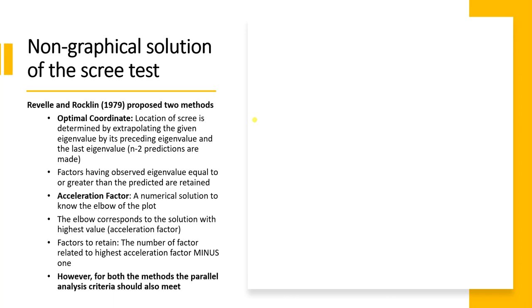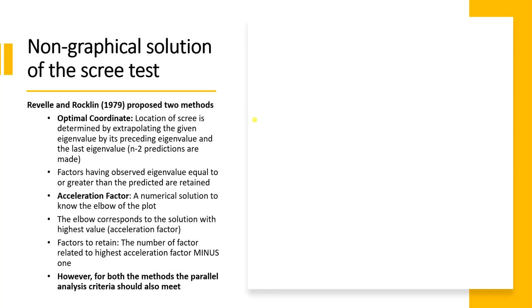But remember that both of these methods must meet or fulfill the parallel analysis criteria. So if parallel analysis suggests at least the same number, then this will be retained using the optimal coordinate or acceleration factor.